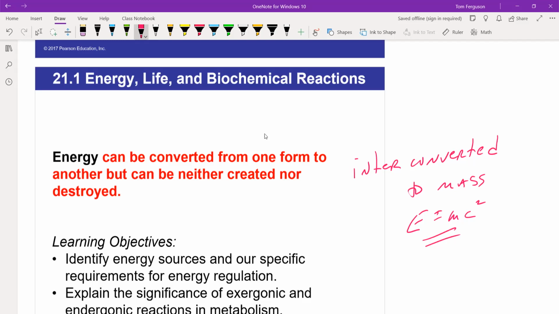So it can be converted from one form to the other. In other words, this would be potential to kinetic energy. And then either one of these can be converted to mass. Now that doesn't happen in our body, but I just want to make sure you understand this statement isn't quite true. Okay.